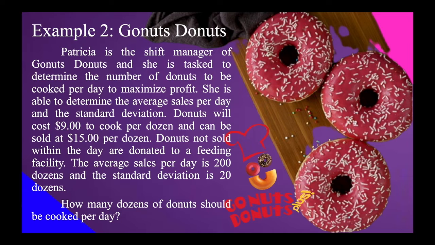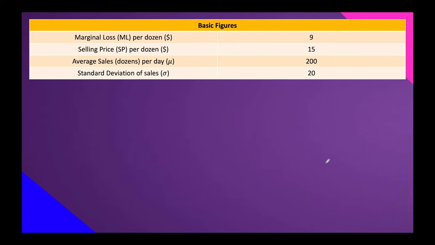Minimal lang naman. Okay? So, for the basic figures, we have the ML or the marginal loss per dozen, which is $9. Selling price or the SP per dozen, which is $15. We also have the average sales in dozens per day, which is represented by mu again. Again, mu is population mean, if x bar that is considered as sample mean. Value is 200.